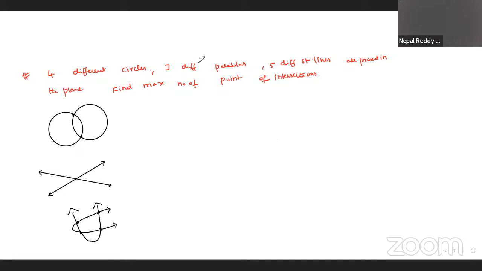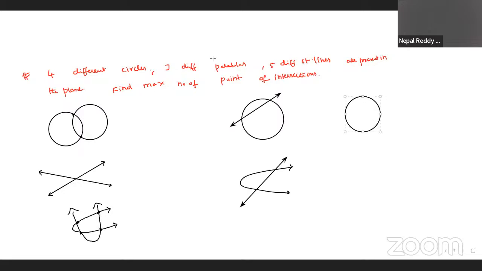Next, a circle and a straight line: maximum 2. A straight line and a parabola: maximum 2. Now, a circle with a parabola: maximum 4. Let us see.